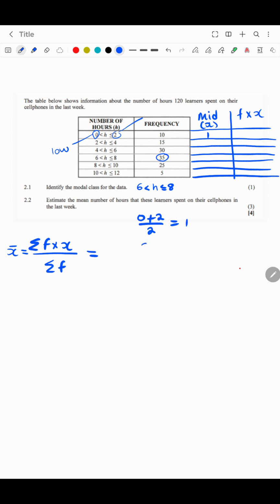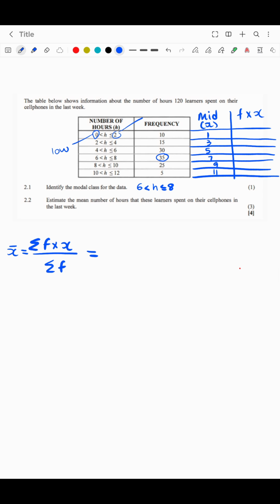Then the second one will be 2 plus 4 divided by 2, which is 6 divided by 2, which is 3 for this one. And for these it will be 5, 7, 9, 11. You understand? So to find the frequency multiplied by the midpoint, you have to take the frequency and multiply by the midpoint.